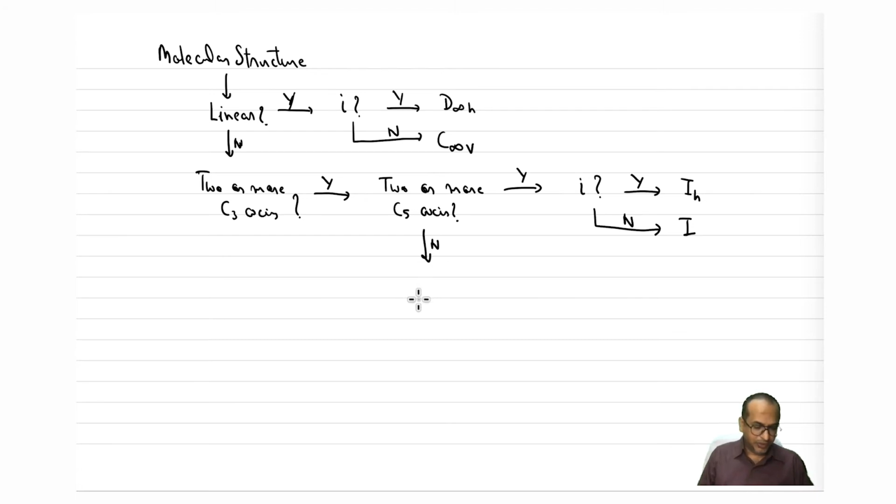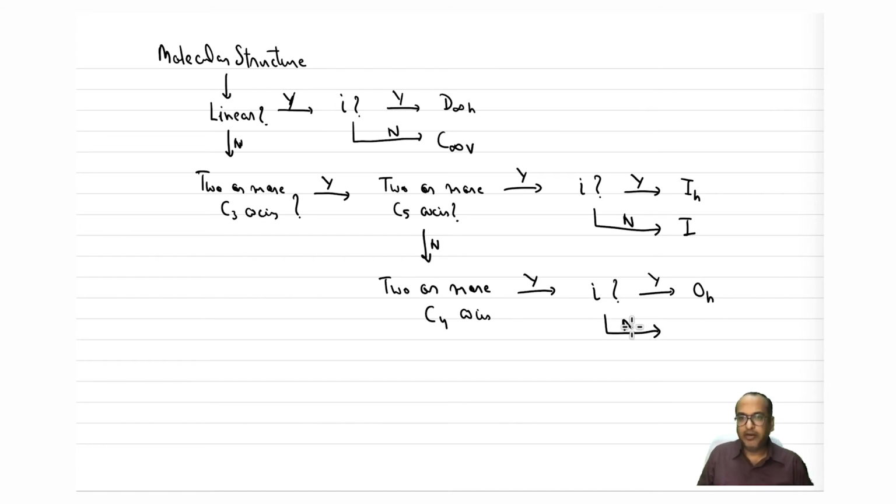Now, if there are no two or more C5 axes, then are there two or more C4 axes? Again you go to yes. If it is yes, again you ask for I. If I is there, then you guessed it right, it is octahedral, OH. If it is no, it is the O point group.